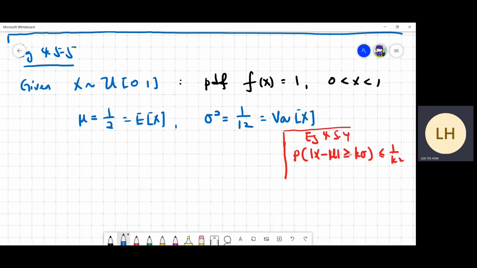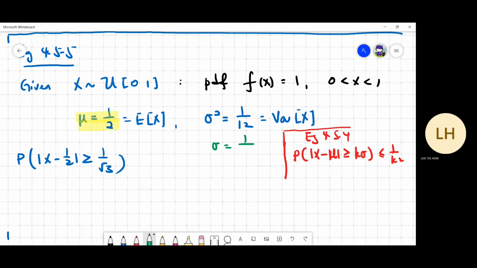Okay, let's carry on. We look at here, P of modulus x minus half greater or equal to 1 over square root of 3. According to here, half is our mean, so this is actually x minus the mean. The variance is 1 over 12, so the standard deviation will be 1 over square root of 12.